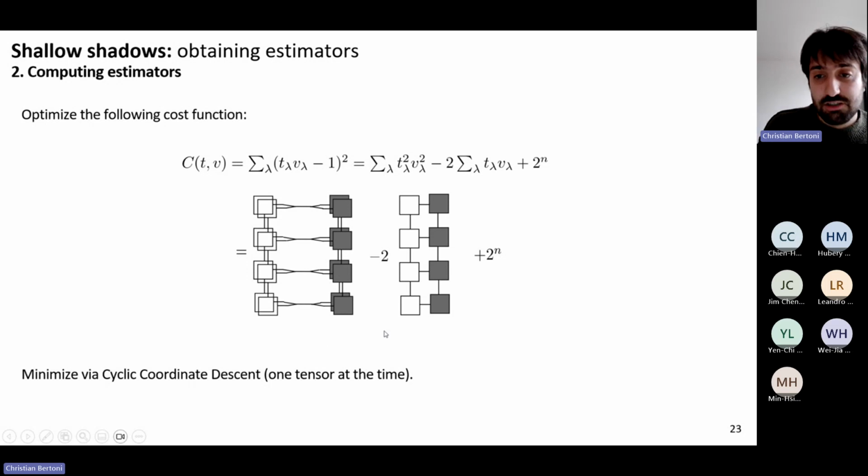And this cost function, this picture shows that we can compute it efficiently, given a T and given a V. And we minimize this using a variational technique called cyclic coordinate descent, which means one tensor at a time, essentially. And if you're interested, afterwards I can describe this in a little bit more detail.